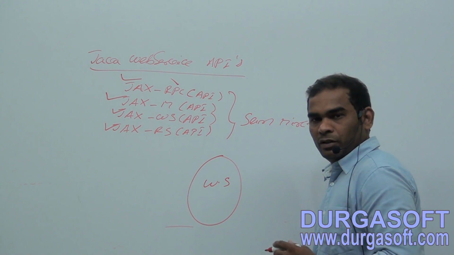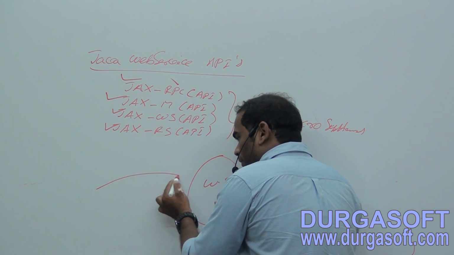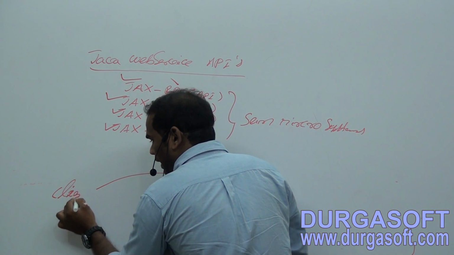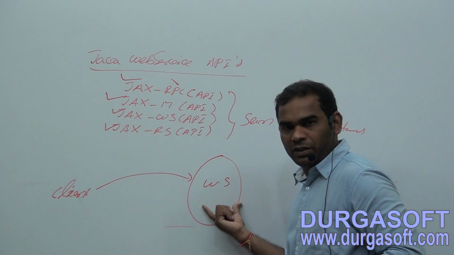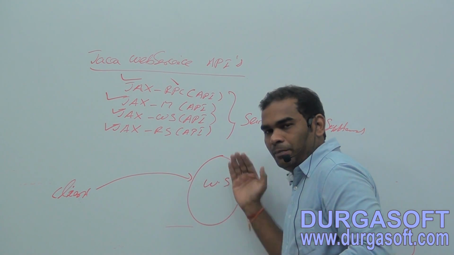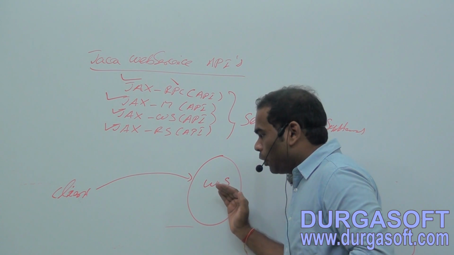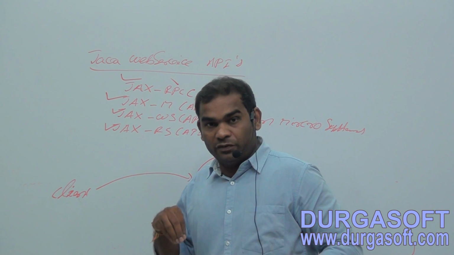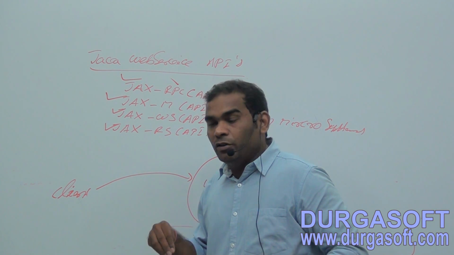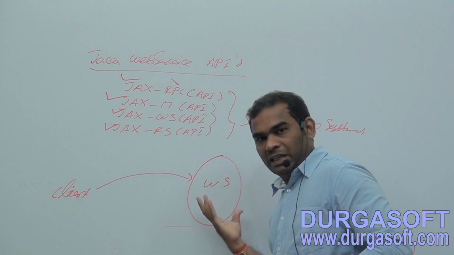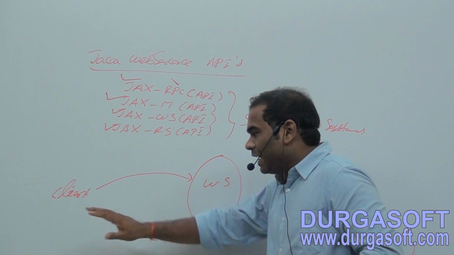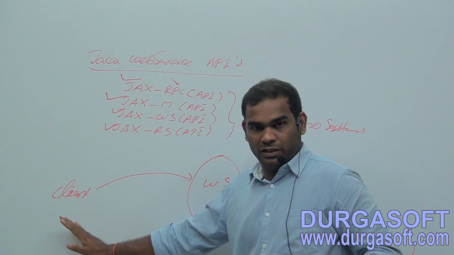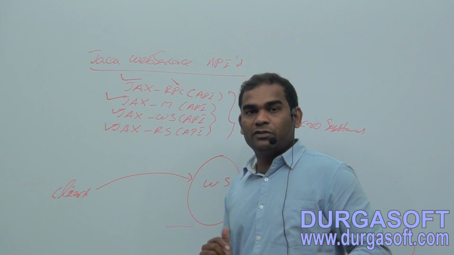Whenever a client makes a request to this web service, if the web service takes some time to provide a response back to this client, that is called an asynchronous web service. Meaning, when our client makes a request, client will never wait for the response from this web service. That is called an asynchronous web service.